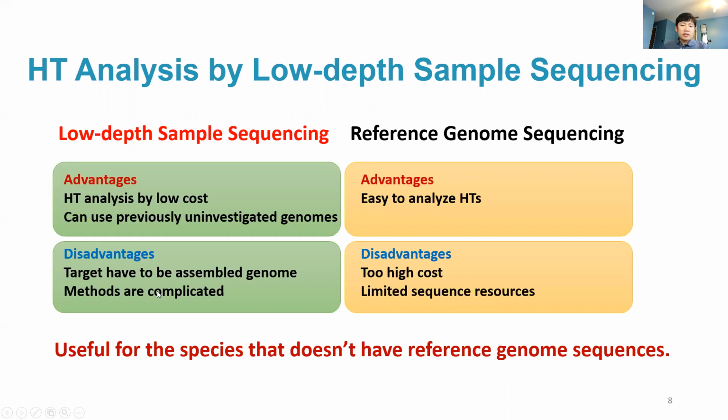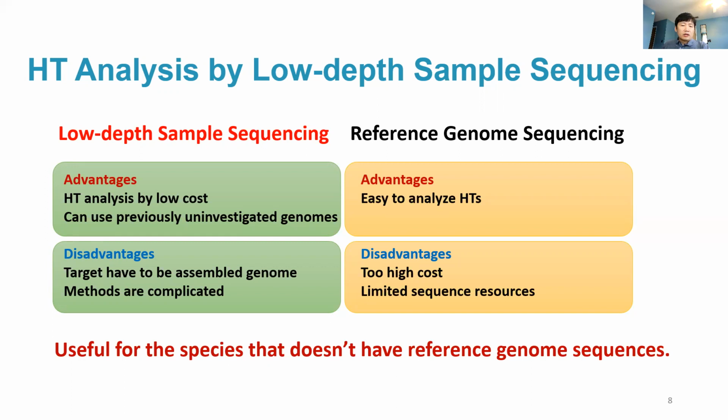In this study, I used low-depth sample sequences to identify horizontal transfers. The strength of low-depth sample sequencing in horizontal transfer investigation is that it enables the analysis at low cost. Therefore, we can investigate horizontal transfers in previously uncharacterized genomes by generating low-depth NGS sequences.